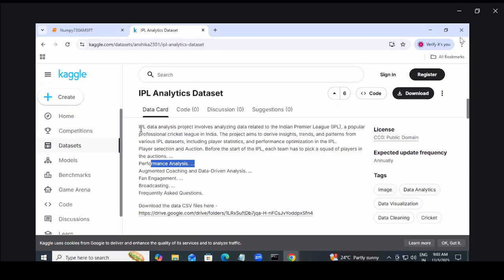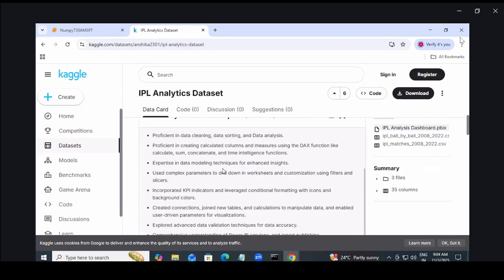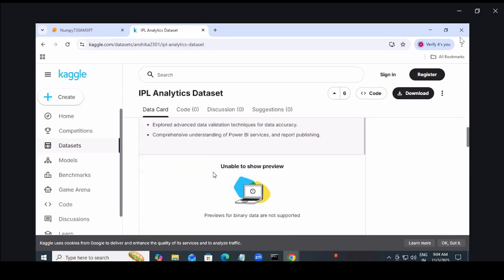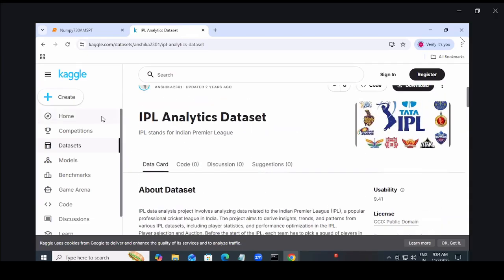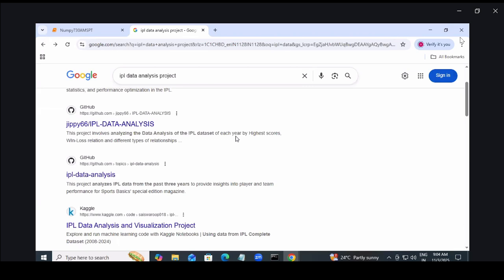So the outcome is a lot of things: whether to pick the player or not, whether to pick that coach or not, and how this person is engaged with the fans. Something you'll get by doing some analysis, right? Some description is not given here, but there are a lot of things that belong to this.